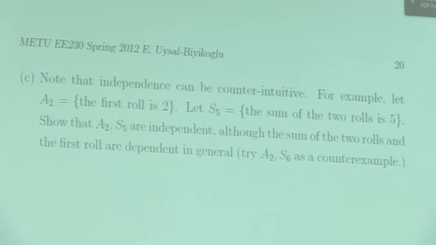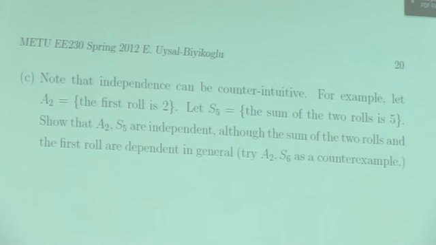So one would, without thinking too much, conclude that in general the sum of the two rolls and the result of the first roll are dependent, which is not wrong in general. But in this particular case, when the events are A2 and S5, let's check.